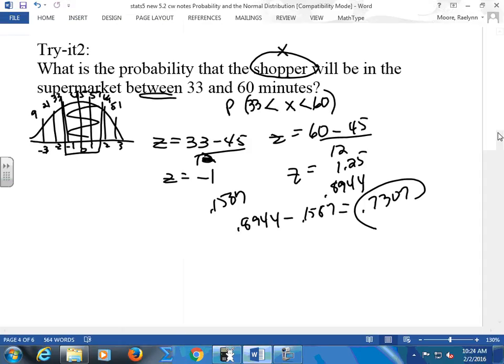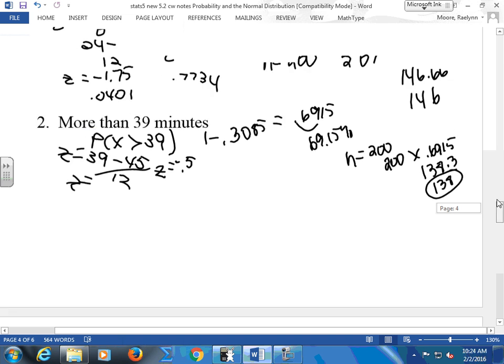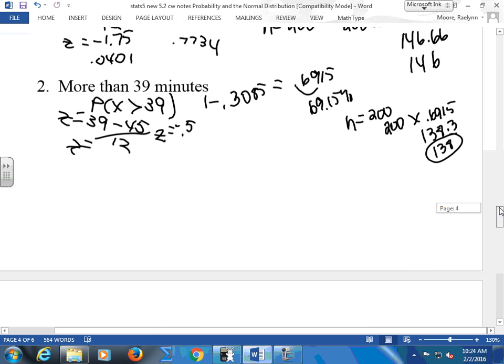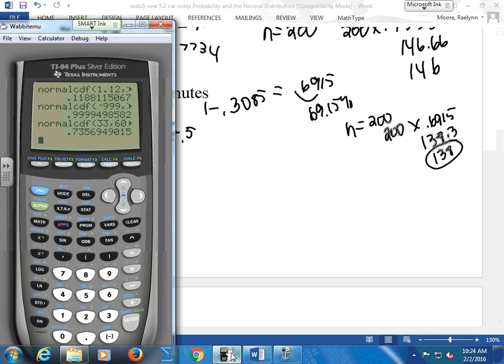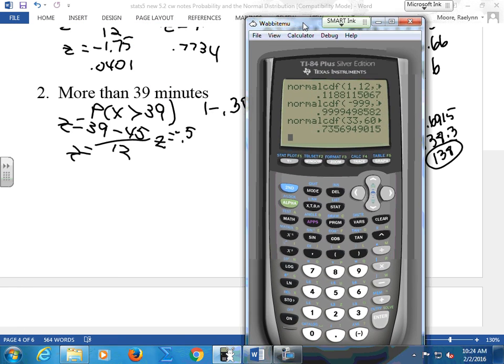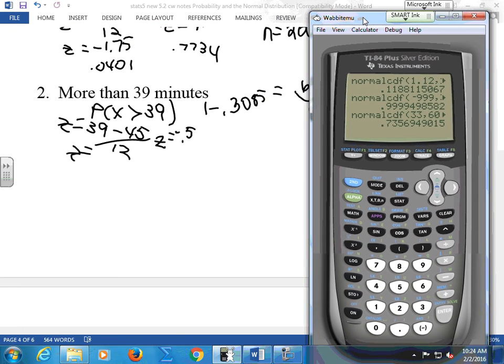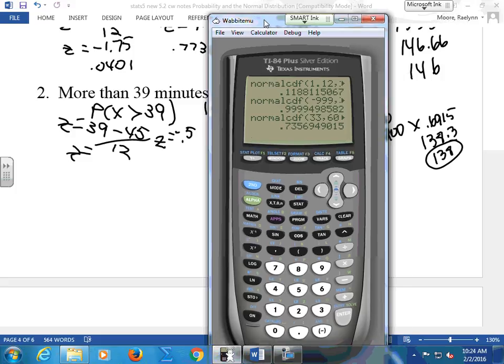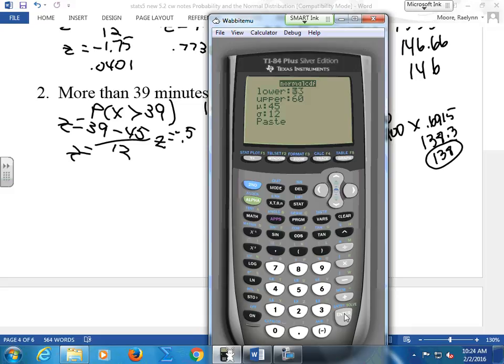If we go back to the one before this with the 39, let's pull this guy up a second. Second VARS, come down to number 2. My lower limit is 39. That's my left-hand bracket because I want more than. This is where it makes a difference what you put in your limits.